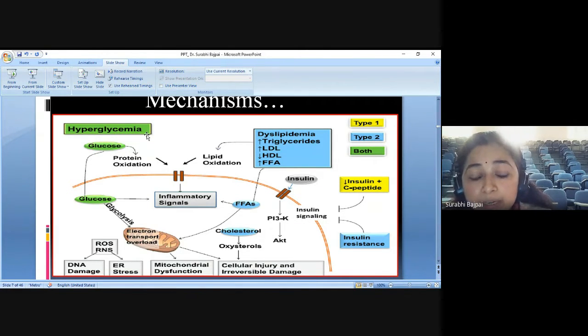So hyperglycemia, increased blood glucose, obviously greater than 200 mg per deciliter. That much high glucose can lead to protein oxidation and sometimes even lipid oxidation.